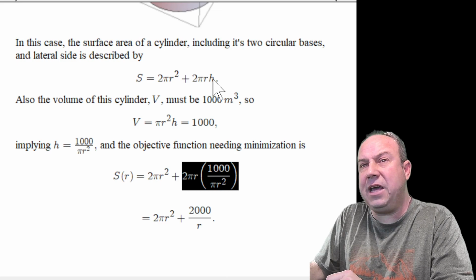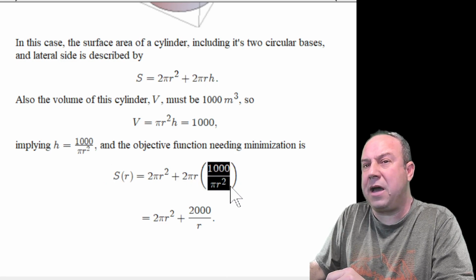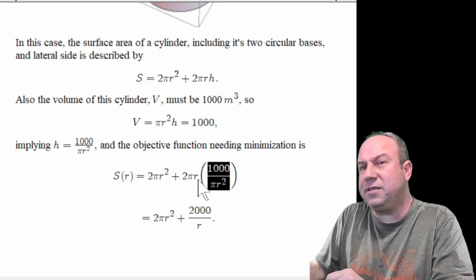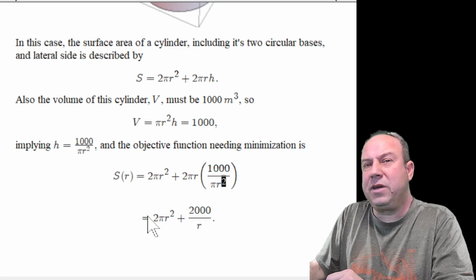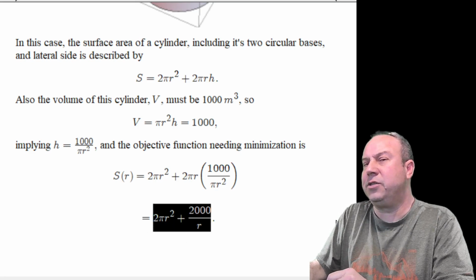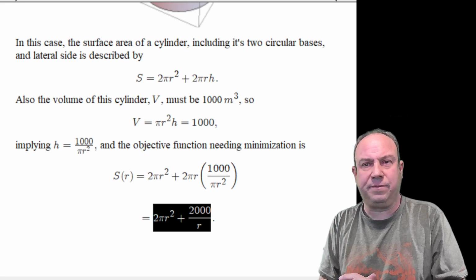Substituting in for h, this quantity 1,000 over pi r squared, which does simplify. The two pi's will cancel, and one of the r's in the numerator will cancel with one of the r's in the denominator, moving it to the denominator. And we can think of s of r being this equation seen here, this variation of a rational function.